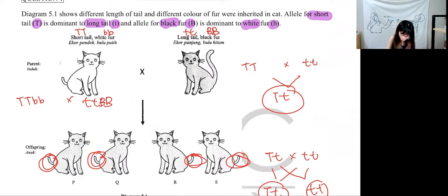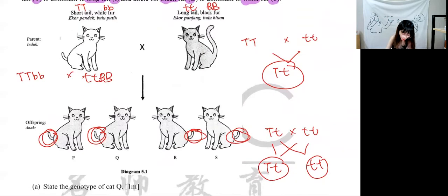The answer is we don't need to. Why? Because no matter how we join, we need to have a dominant and a recessive. So again, this is big T, big B, small b. How do I get this answer? Literally, you just combine them together. This is big T, small b, and this is small t, big B. So when you combine, you get this answer over here.